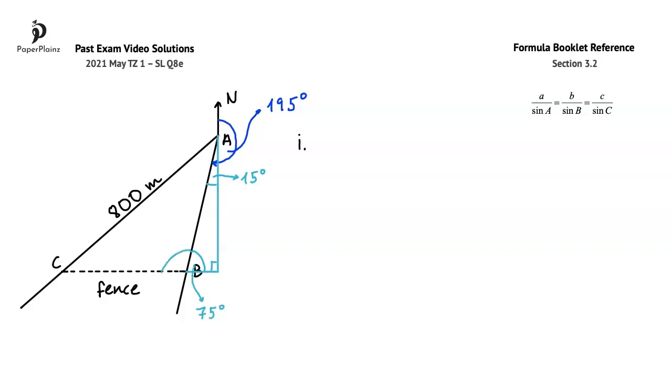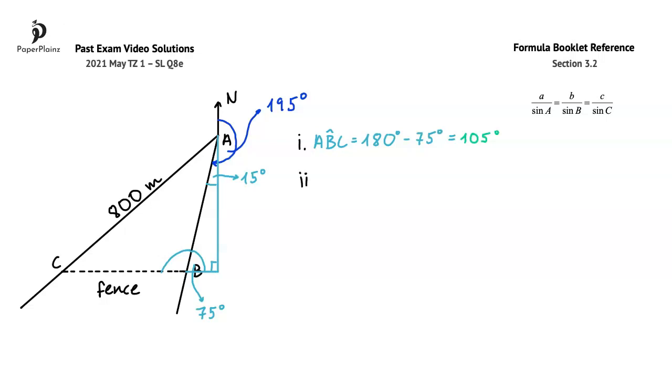We are looking for this angle, so angle ABC, and since this angle is on a straight line with the 75-degree angle, we can write that it is equal to 180 degrees minus 75 degrees, so 105 degrees. Note that there are other correct ways to reach this solution.